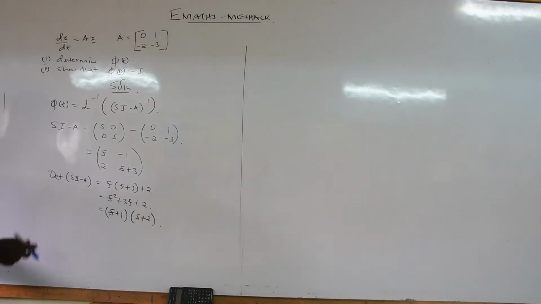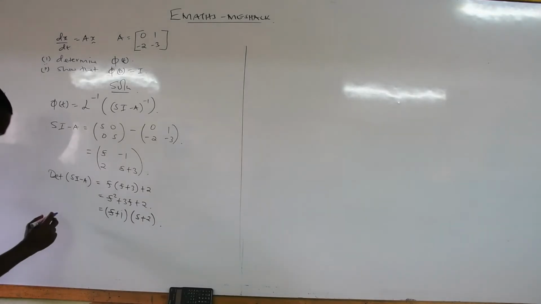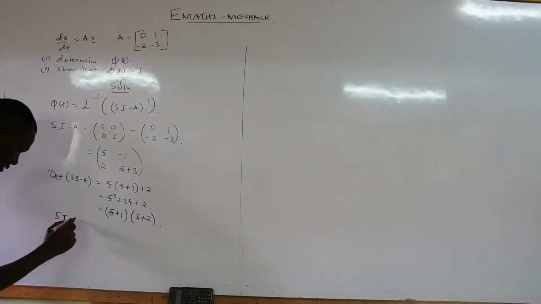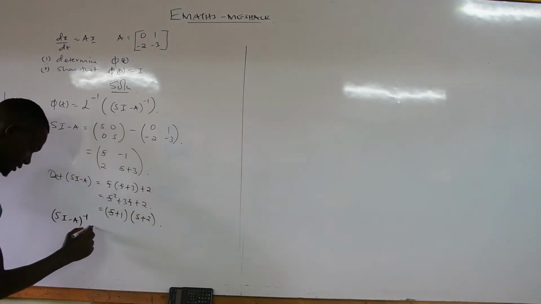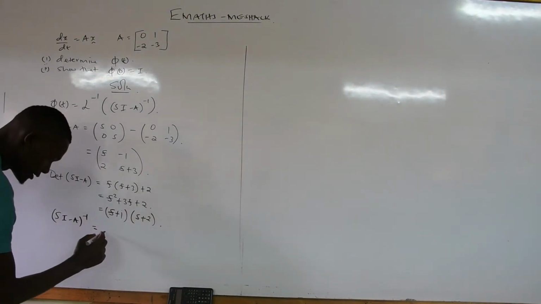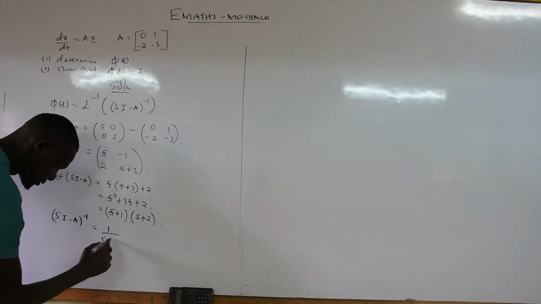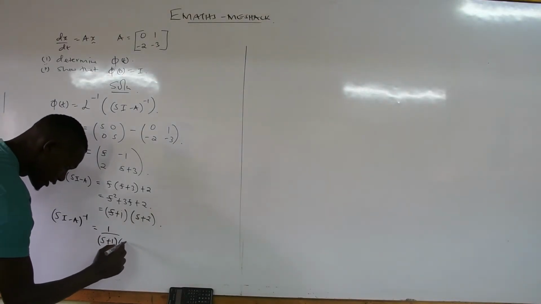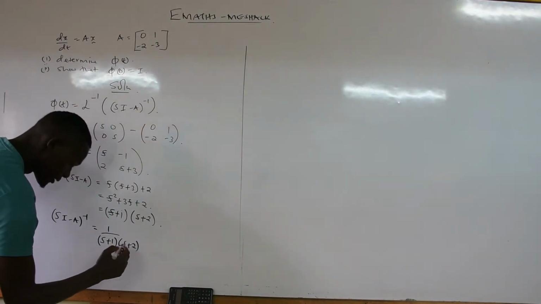Therefore, remember this is a determinant, and how do you find the inverse? Therefore (sI minus A) inverse is given by 1 over the determinant. What is our determinant? This particular factor: (s plus 1)(s plus 2).